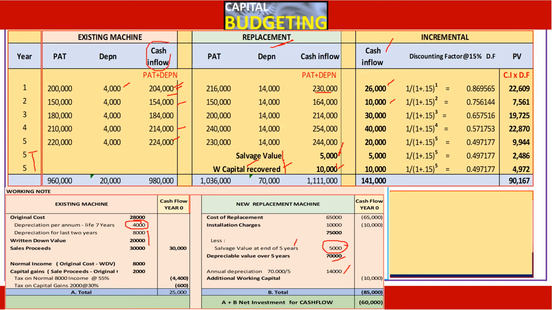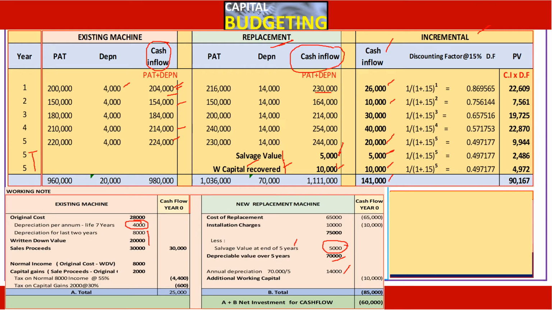Similarly, taking the differential between cash flow under the existing machine and under the replacement machine, we find that we have 26, 10, 30, 40, 20 as incremental cash flow, and salvage value is also received and working capital is also recovered to the extent of 10,000. Incremental cash flow between the two is 1,41,000 over 5 years, including salvage and working capital.